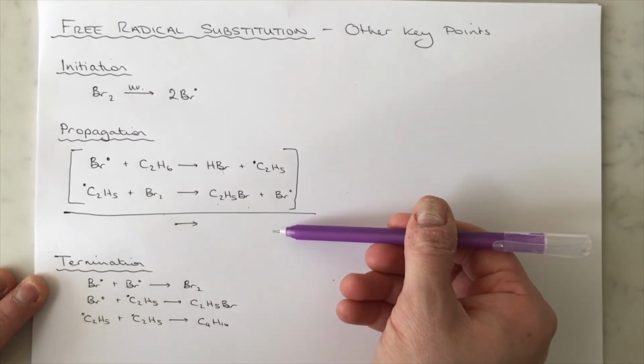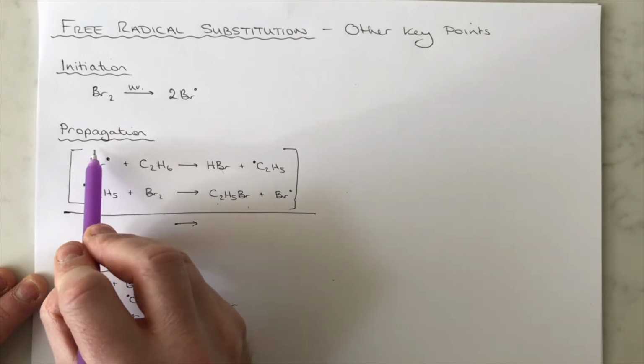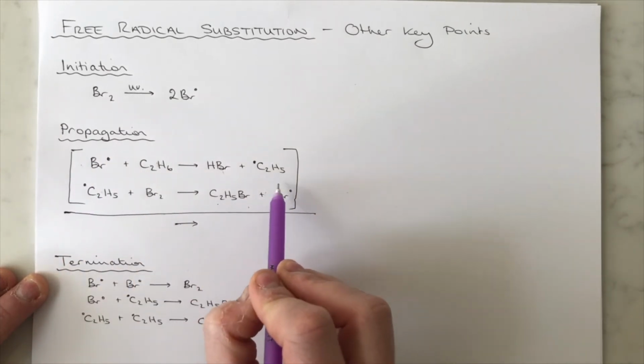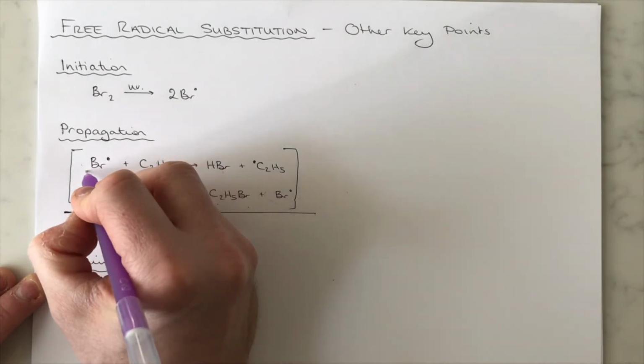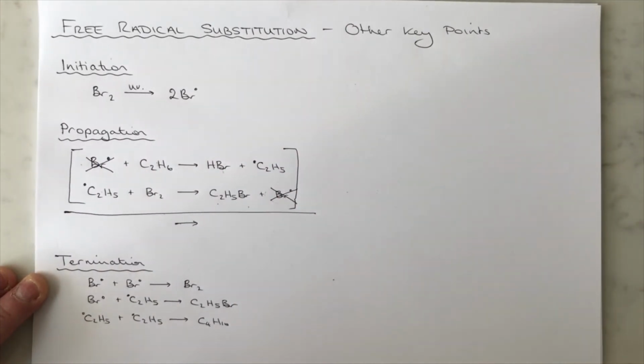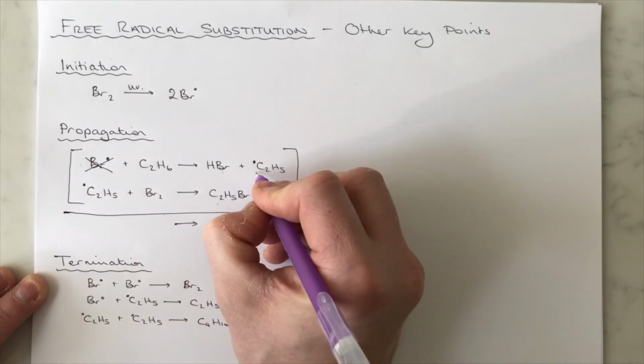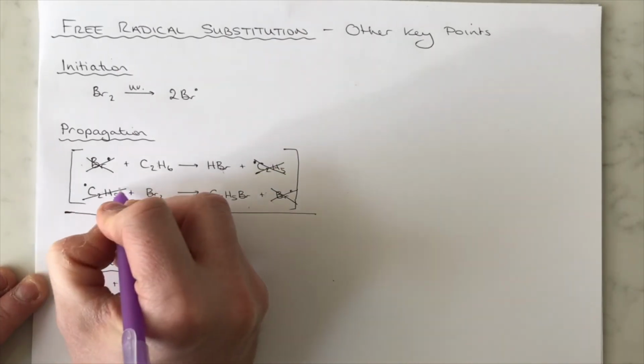But you'll also spot that there'll be some things which cancel out. So for example, there's a bromine radical on the left and there's another bromine radical on the right-hand side. So I don't actually have to include those in my overall reaction. I've also got an ethyl radical on the left and an ethyl radical on the right. So they should also cancel out.